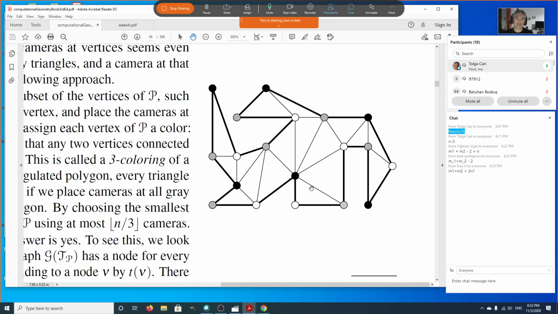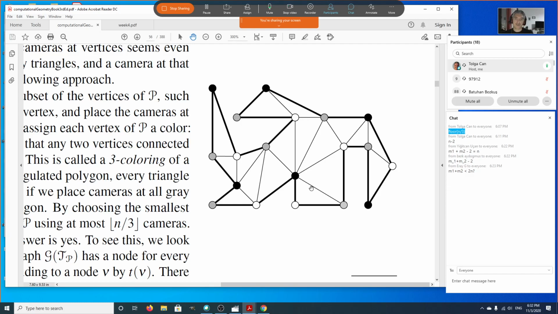Since each triangle's vertices should be composed of 3 different colors, every triangle should have one of the colors, right? If every triangle has one of the colors, it means that if you assign a camera to a certain color, every one of those triangles will have that colored vertex in itself, which means that we cover the entire polygon.